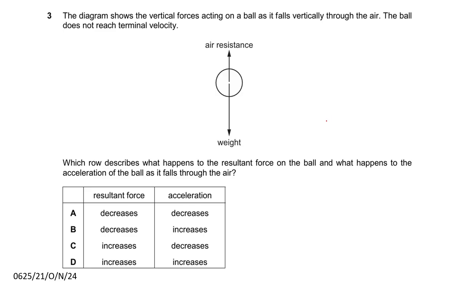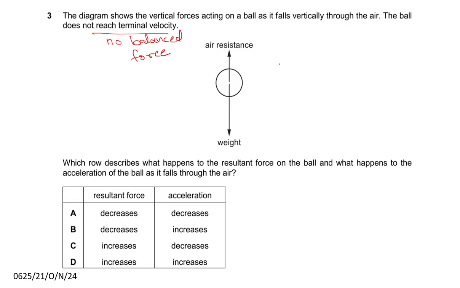The next question, this also I have explained. Vertical forces acting on a ball as it falls vertically through the air. The ball does not reach terminal velocity. Terminal velocity means constant speed, when the air resistance and the weight are balanced, so it has not reached that. Which describes the resultant force and acceleration? Now look, the weight is more, the air resistance is less.